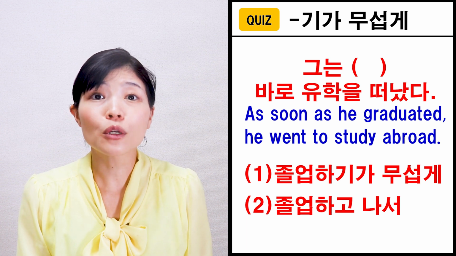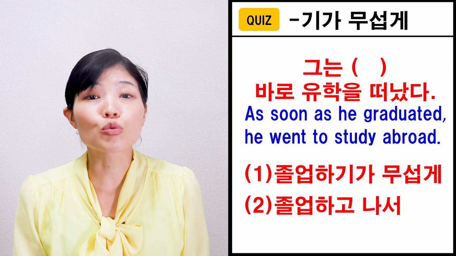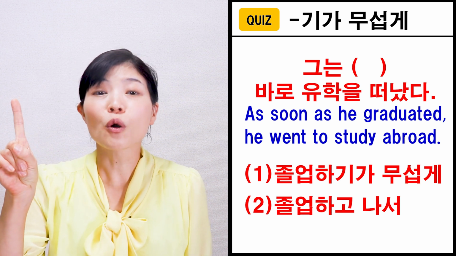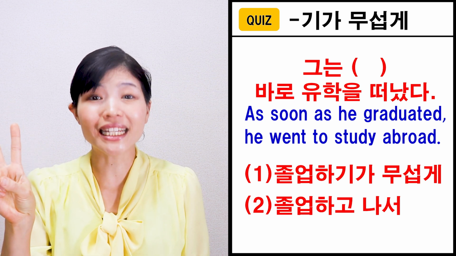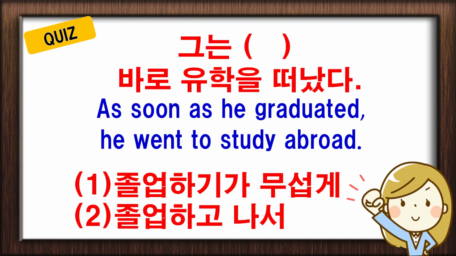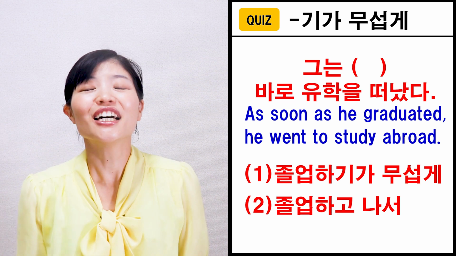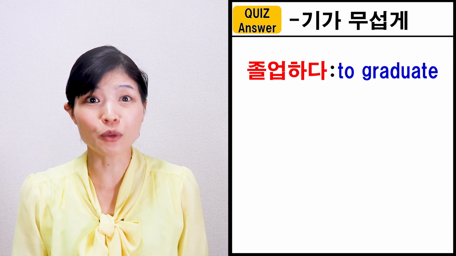그는 바로 유학을 떠났다. As soon as he graduated, he went to study abroad. Number 1, 졸업하기가 무섭게. Number 2, 졸업하고 나서. The correct answer is number 1. 졸업하다 means to graduate.